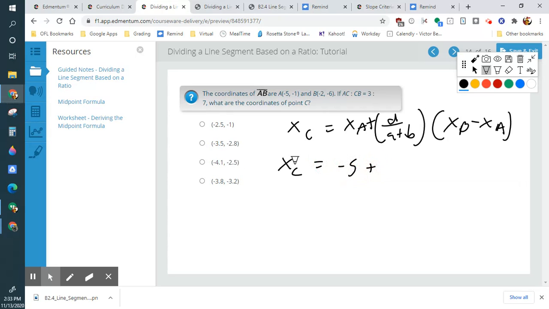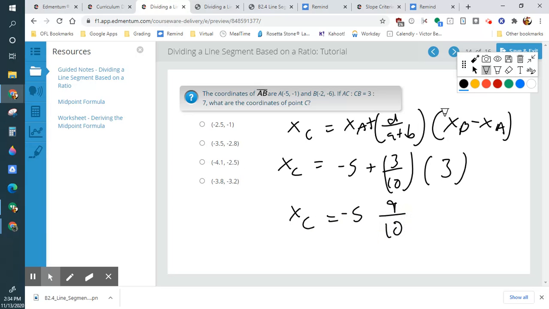-5 plus 3 over 10. That's 3 plus 7 is 10. And then this is going to be our x, so it's -2 minus this, so that ends up being 3. So this becomes xC equals -5, 9 over 10.